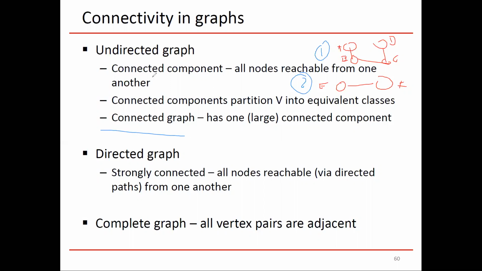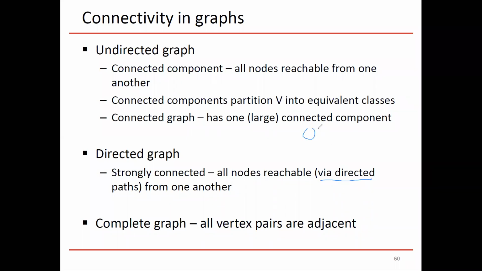So that's the concept of connectivity in an undirected graph, but we also have concepts of connectivity in directed graphs. A strongly connected graph is a situation where all the nodes are reachable from one another using directed paths.